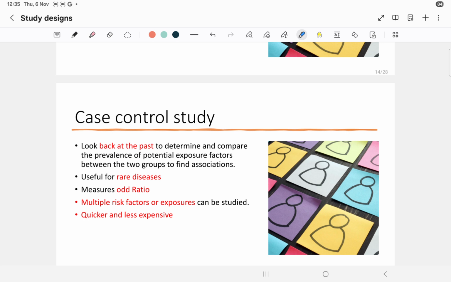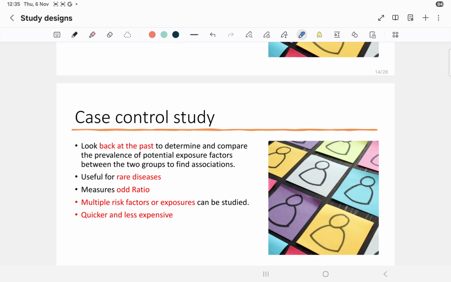In cohort studies, we are taking a group of exposed individuals and checking how many of these patients developed the disease and how many didn't. So that is the difference. We will discuss that again visually, don't worry.